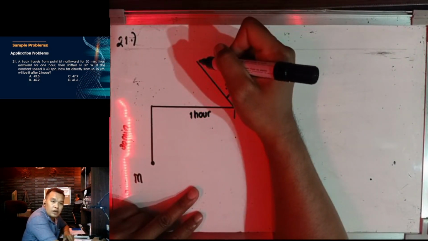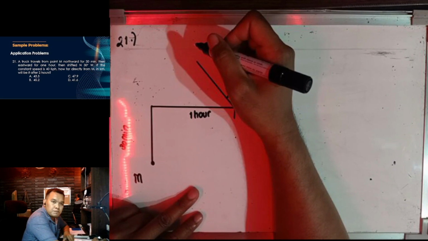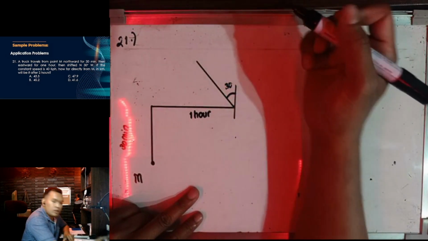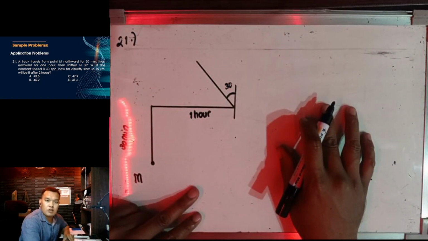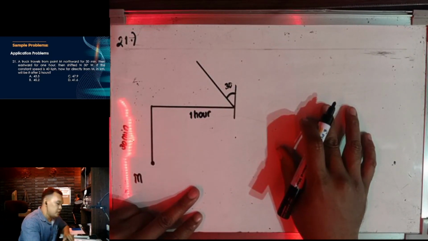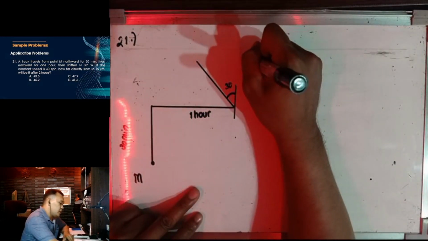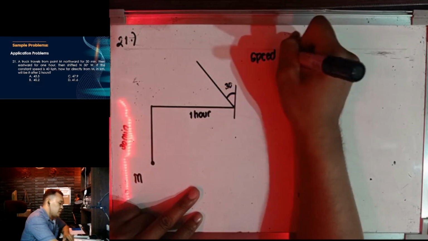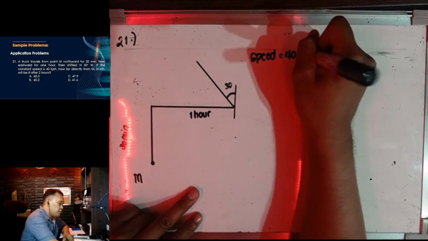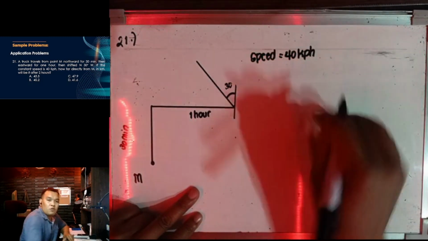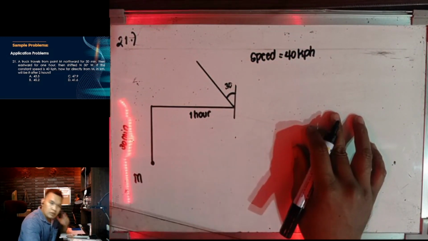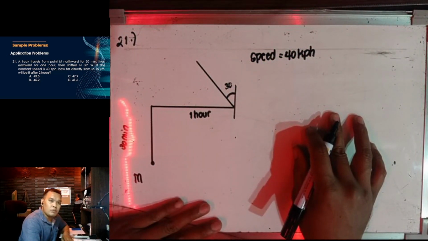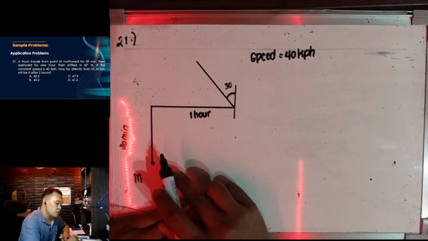Na, walang sinabi kung ilang oras. Na, if the constant speed is 40 kph, so, yung speed niya is 40 kph, how far directly from M in kilometer will be after 2 hours. So, ibig sabihin, 2 hours yung trinavel niya.